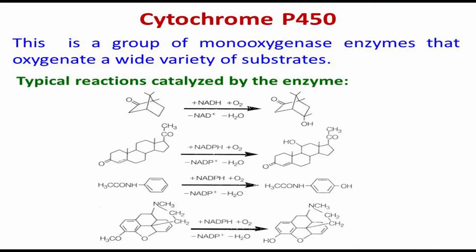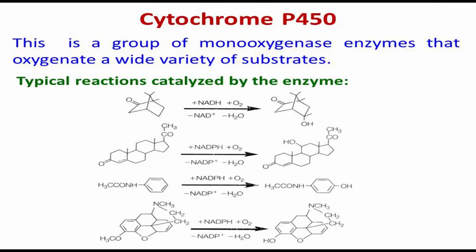However, this enzyme does lots of chemical transformations in our body. As I have said already, this is a group of monooxygenase enzymes, and a variety of substrates are hydroxylated.